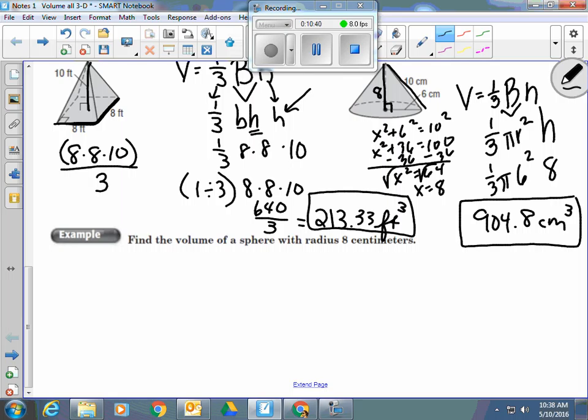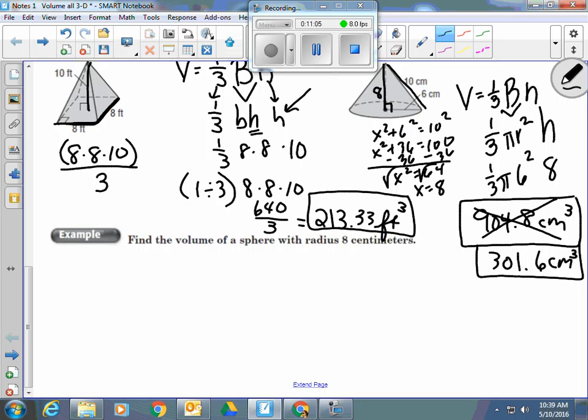You got 306.9? Oh wait, I didn't take a third of it. My bad. So we forgot to take a third of it. So my answer should be 301.6 centimeters cubed.